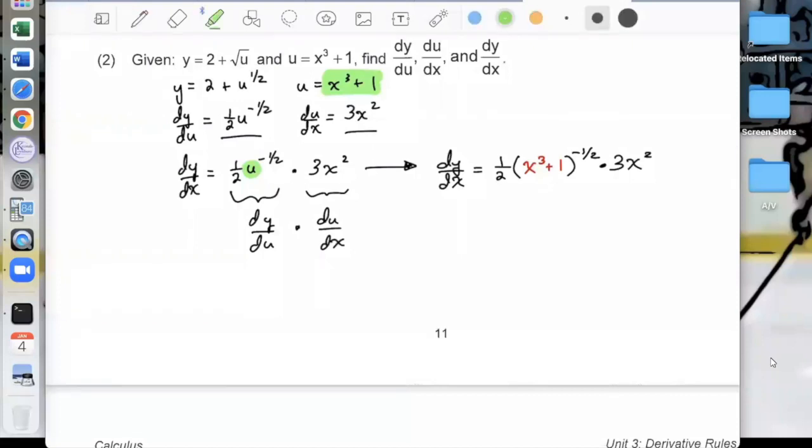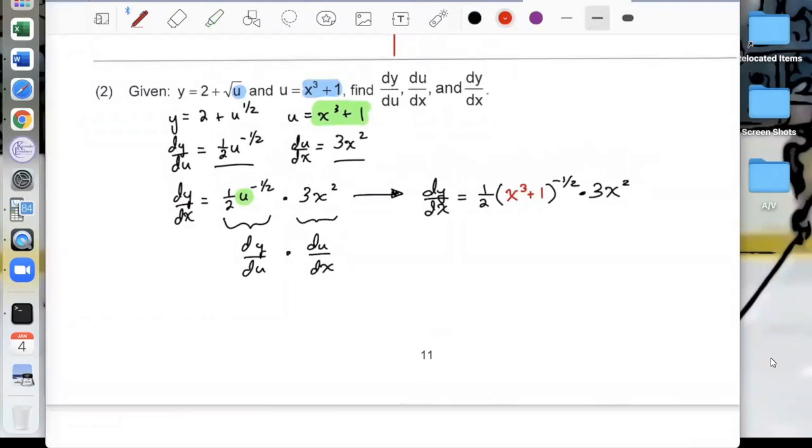But anyway, what is this? This is the derivative of the function where x cubed plus 1 is substituted in for x. I'm sorry, for u. Come on, that's supposed to be a nice arc. Didn't end up being that. There we go.